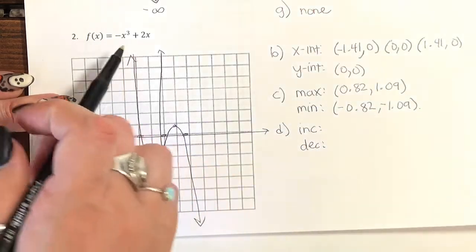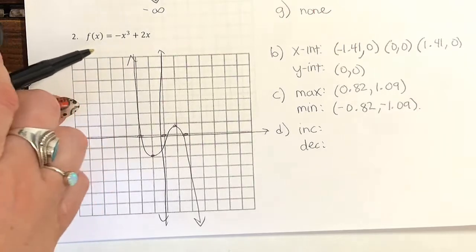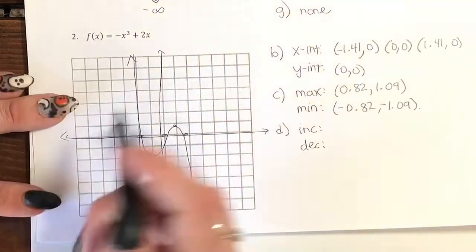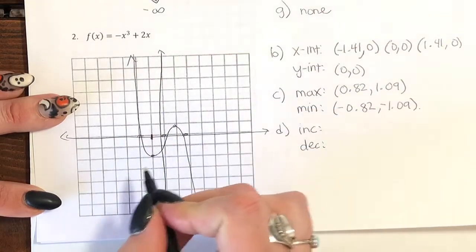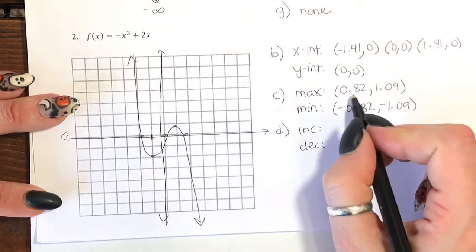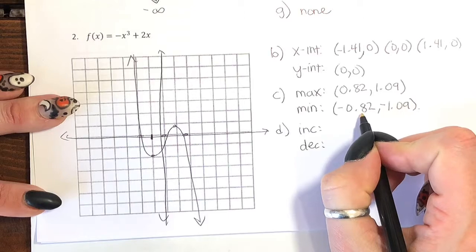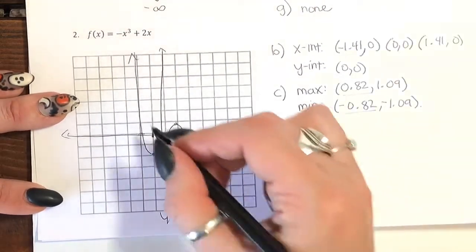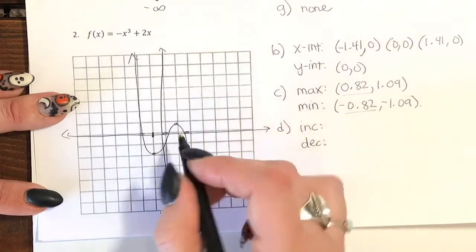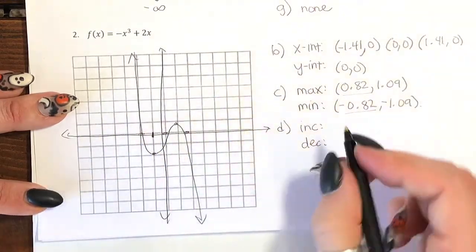to write my interval. So if I'm coming from the left first, I'm coming from negative infinity up until I hit this point, which is not accurate on my graph, but my point was at negative 0.82. Remember, we always take the x value, not the y value, even though we're kind of going vertical here. We're using that x-axis as our label.